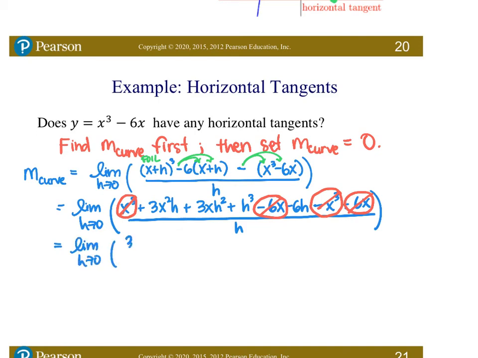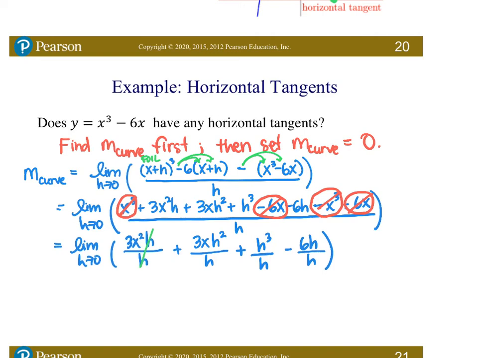So I will have 3x squared h over the common denominator h. I'll have 3hx squared over the common denominator h. I'll have h cubed over the common denominator h, and 6h over the common denominator h. So I had lots of terms left. Now I'm going to reduce h's where I can.